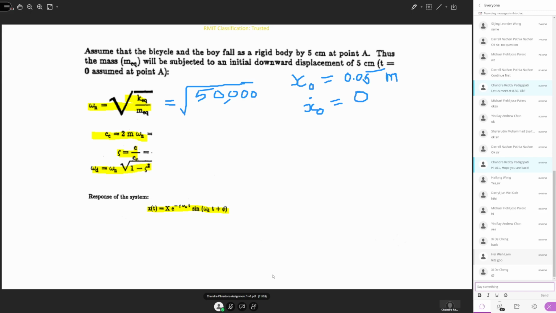The weight is given as 800 newtons. So you can take 800 over 9.81. I need your answer for this. Calculate and let me know the natural frequency of the system.